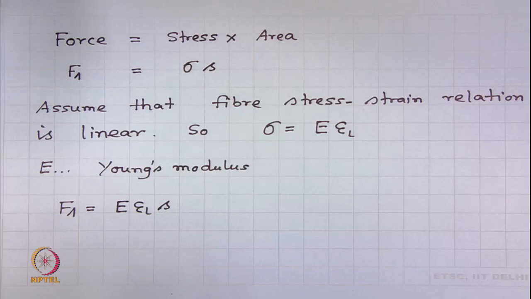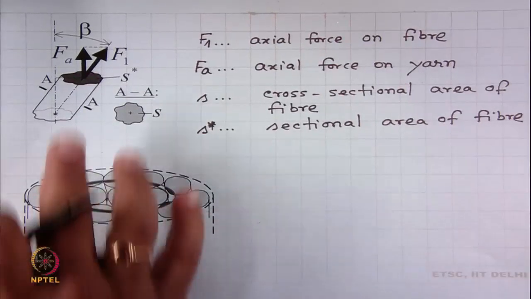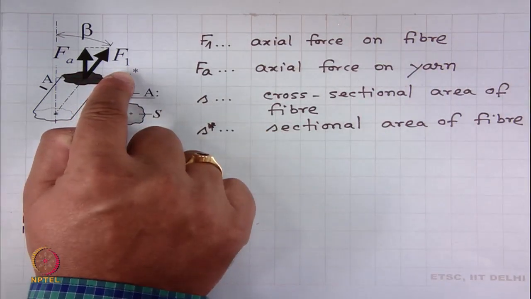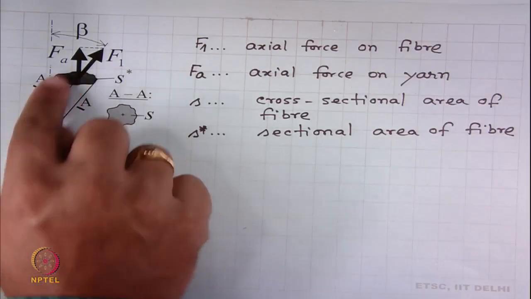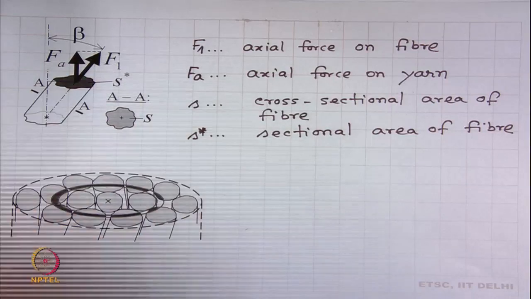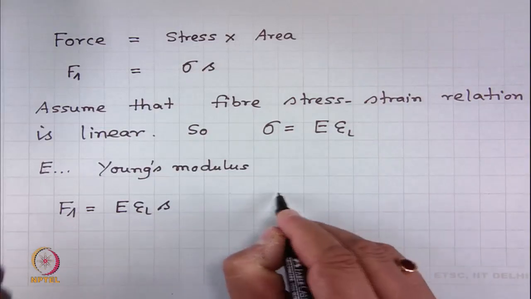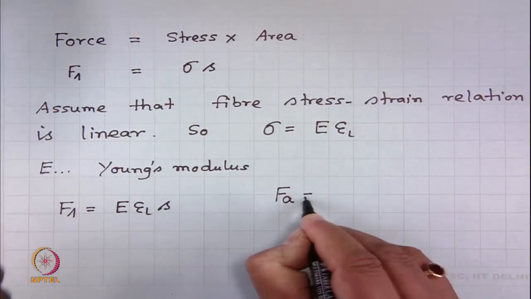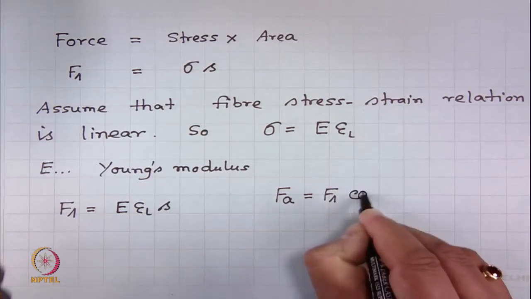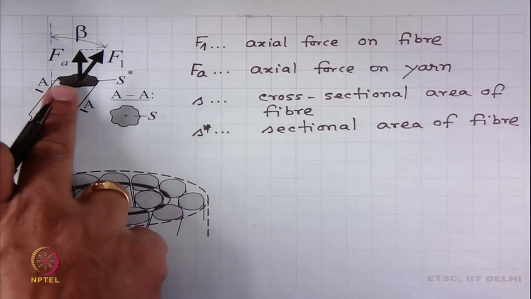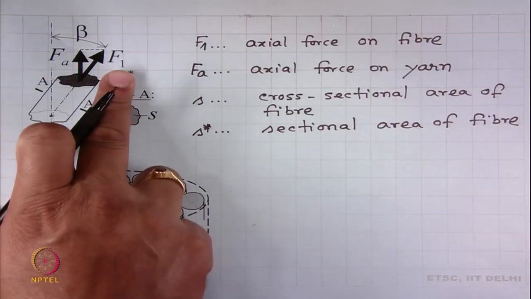Now, we go back to this drawing again. We know the quantity of F1, we are interested to find out F subscript A, beta is the twist angle. So, F subscript A is equal to F1 times cos of beta. So, let us write that: F subscript A is equal to F subscript 1 times cos of beta.